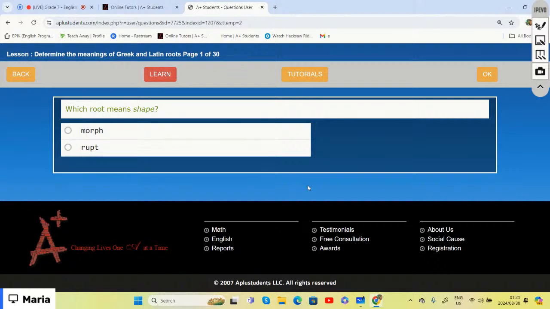The word that means shape. Is it morph, or is it rupt?